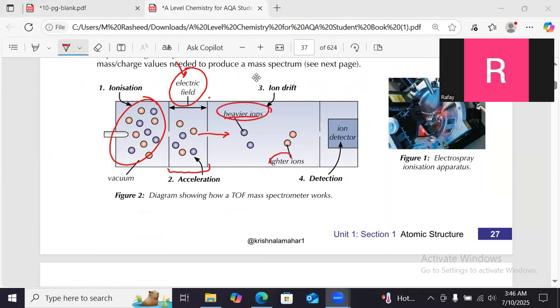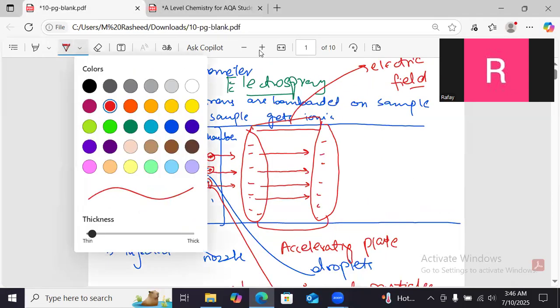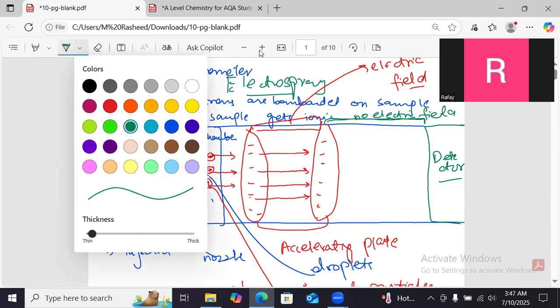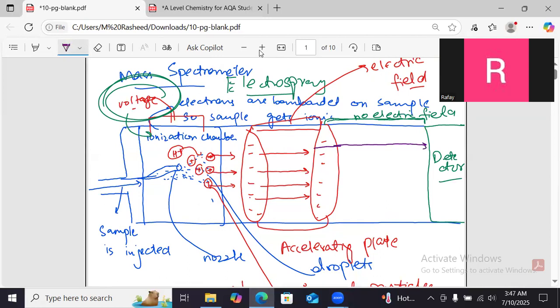So you can see in our diagram, after the accelerating plate, the next part is over here. This is the detector. Between the accelerating plate and the detector, there is a region where there is no electric field. After the accelerating plates, the positively charged ions will move toward the detector.